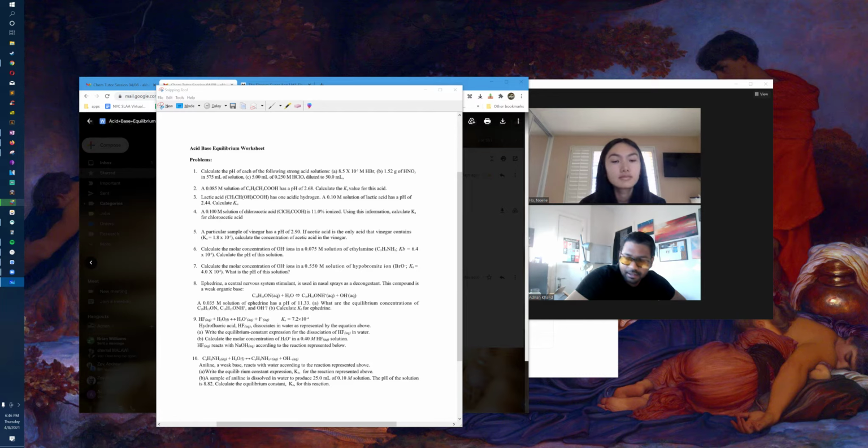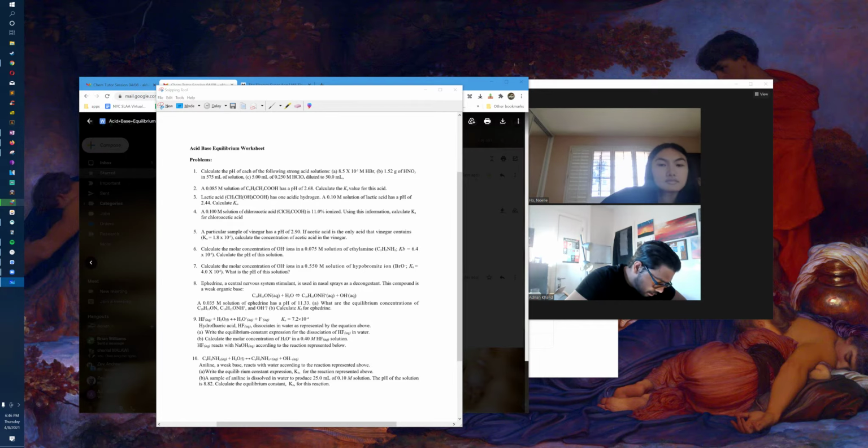And then I want to divide it by the volume to get the molarity. So I'll just do this over 0.575 liters.